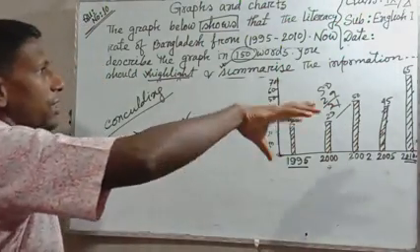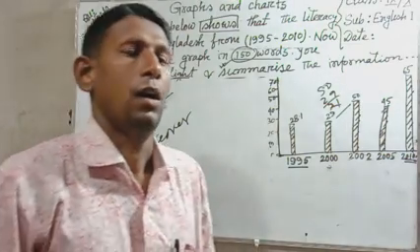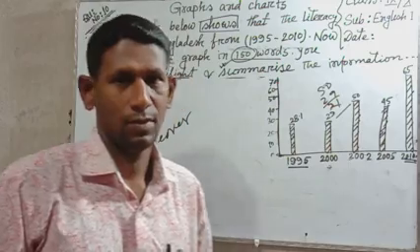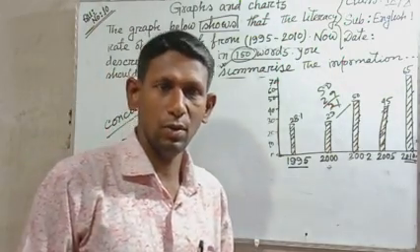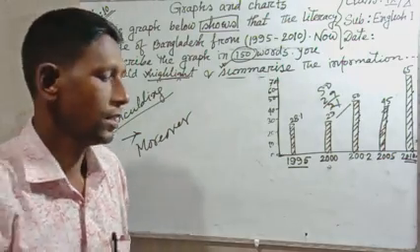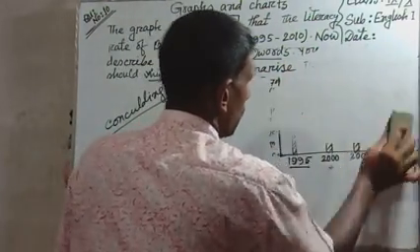In this graph we can tell that. That's how you can end graphs and charts. It's not difficult for you. A graph and chart or flow chart you can describe in this way.